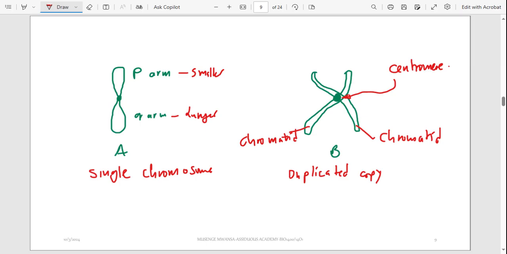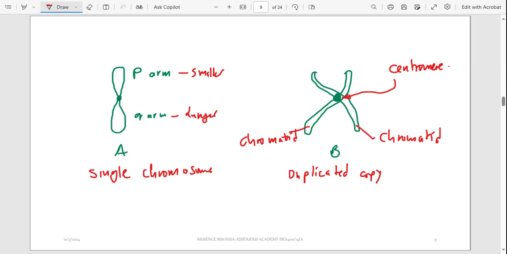There are three terms you should be able to differentiate: chromatin, chromatid, and also chromosome. Chromatin is just a substance found in the cell nucleus that has DNA and protein. That substance is made up of DNA and eight types of histones. That's what we call chromatin.